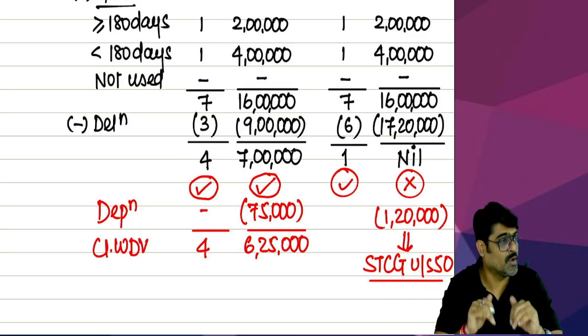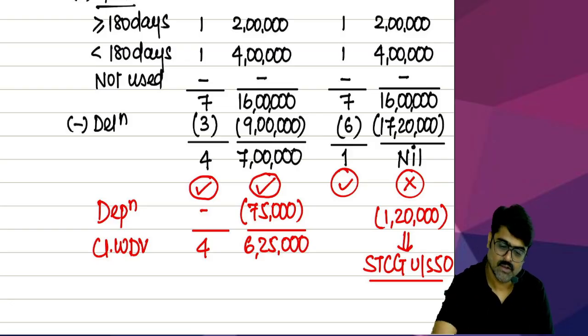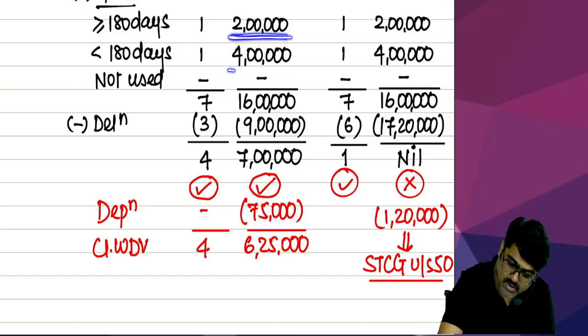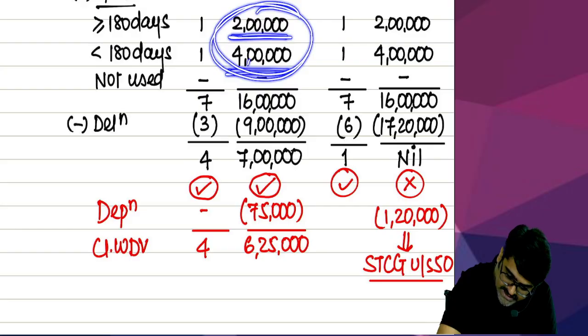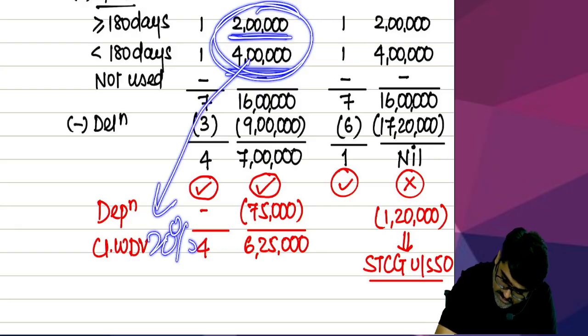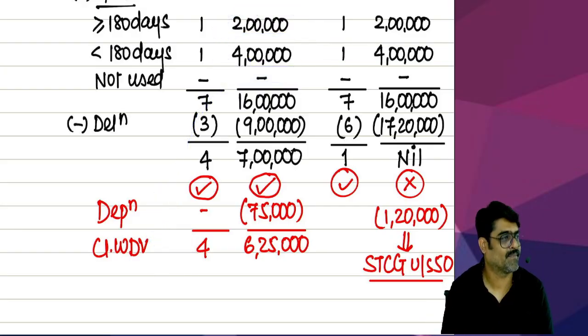Has he acquired new plant and machinery in this year? Yes. One is this, second one is this. The actual cost of new plant and machinery, on that you are going to calculate 20% additional depreciation.